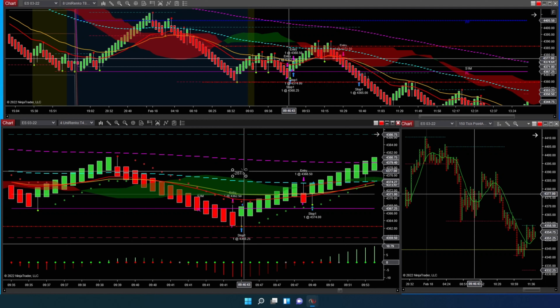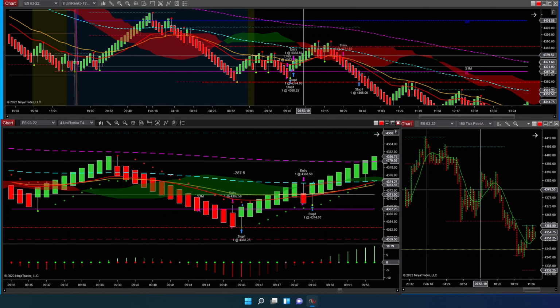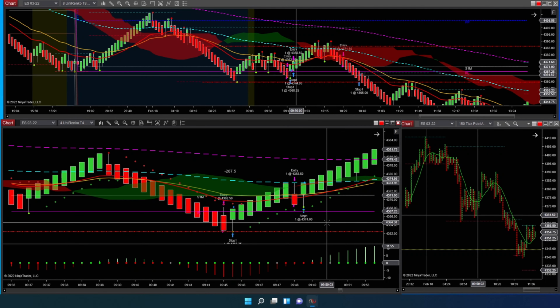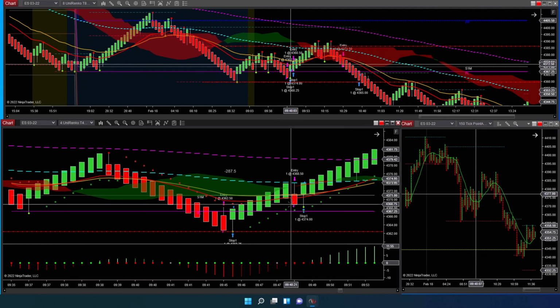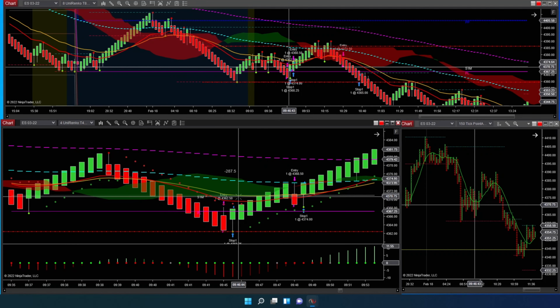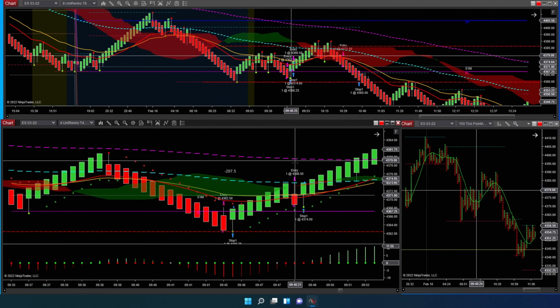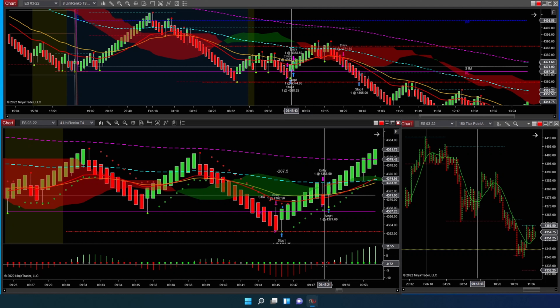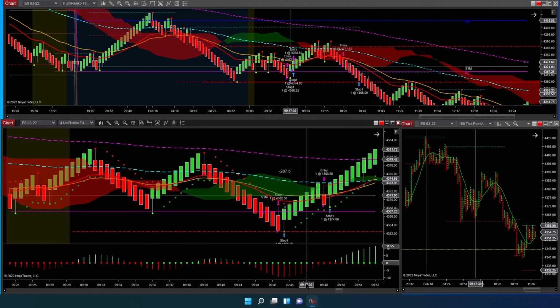Then the market came back up. I remember I'm still bearish here because we are below the moving averages, and all the moving averages are stacking to the downside. So all of them are down here. And I did have some bearish momentum right here, and then there was a momentum reset here on the squeeze.